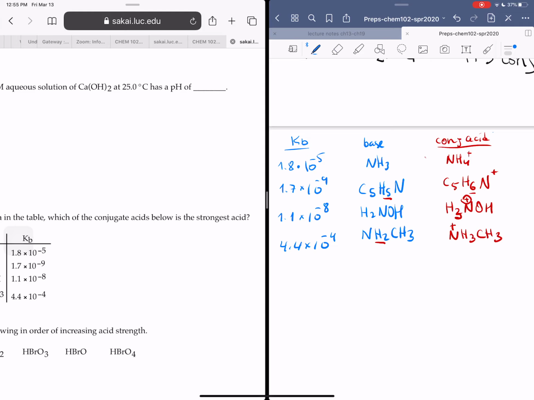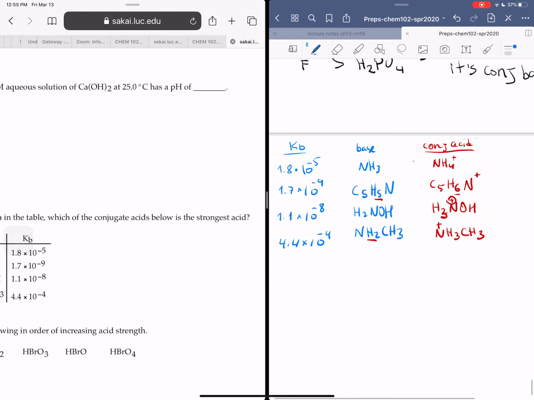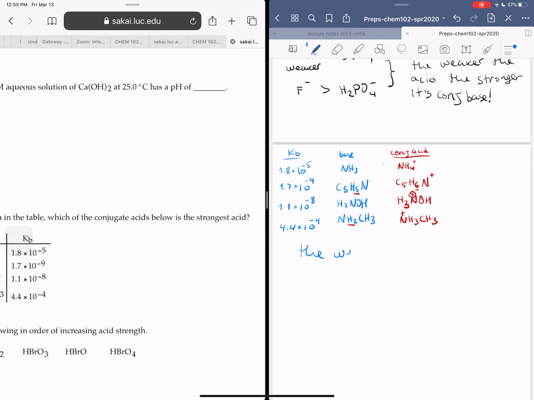We will apply the rule that the weaker the base, the stronger its conjugate acid. We do not even need to calculate the values of Ka to compare these acids. We only need to find the weakest base, and it will give us the strongest conjugate acid.